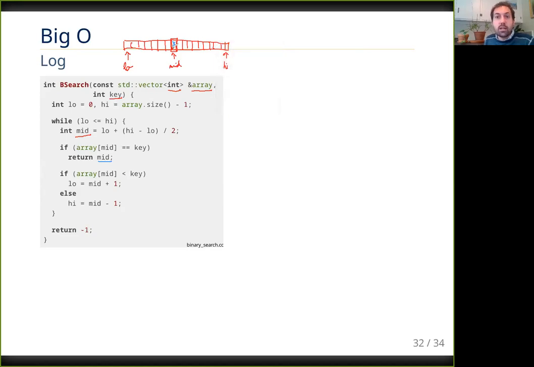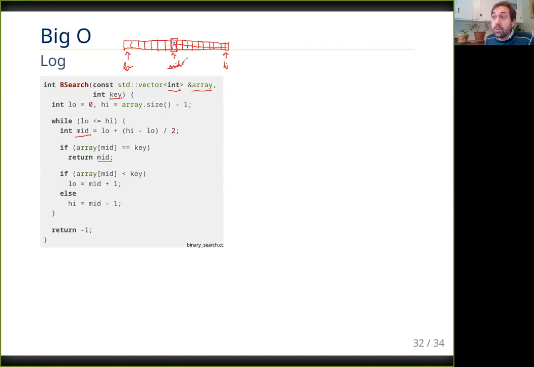So let's assume that the item that we're looking for is smaller than the middle one. Then it means that we can simply discard all of that part of the array because we know it's in sorted order. So if this one is greater than the one we're trying to look for, then everything else is also greater and we don't need to look at it anymore.